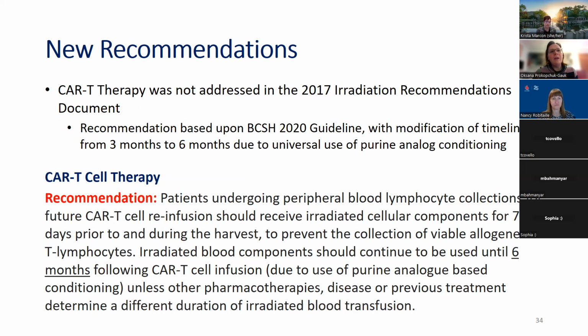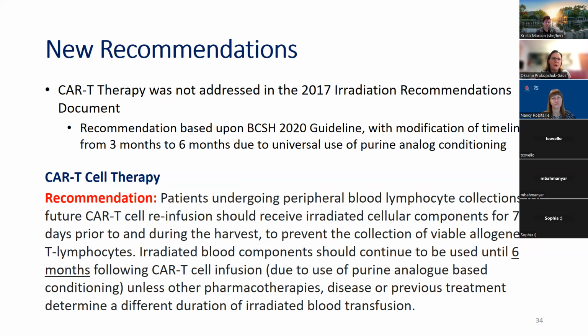The previous document also did not address CAR-T therapy, as that was a new and emerging therapy for certain types of malignancies at the time. So the British Committee for Standards in Hematology did also include some recommendations related to CAR-T therapy, which we modified slightly just based on what made sense. The British guidelines essentially made recommendations for CAR-T patients to be considered analogous to autologous bone marrow transplantation patients.